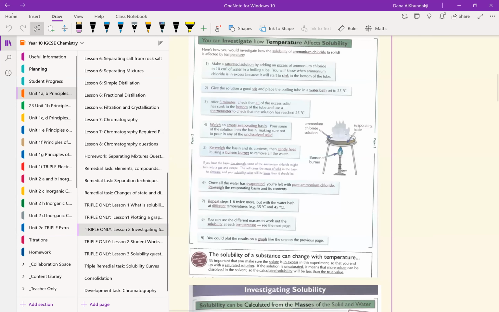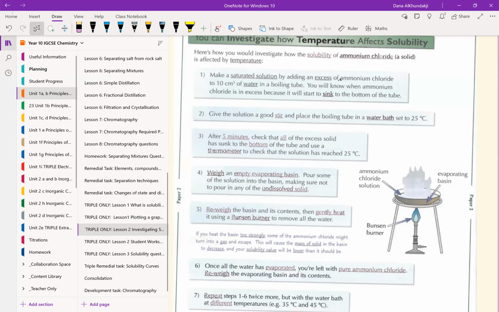Now, to investigate the solubility lab-wise, you need to saturate the solution. To saturate the solution, you're going to add an excess of the salt, okay? And you would know that it's in excess because it's going to sink.